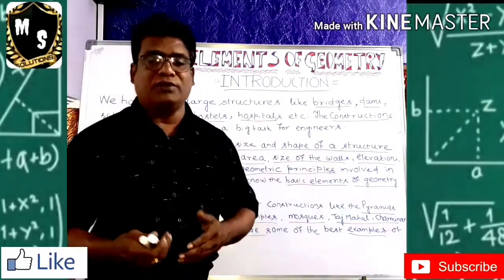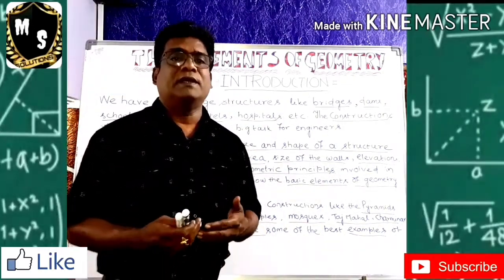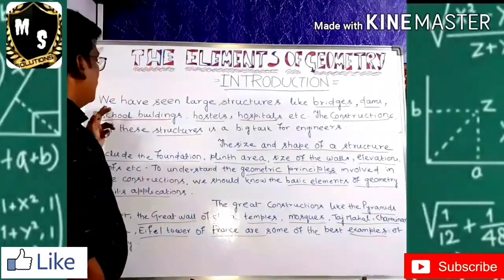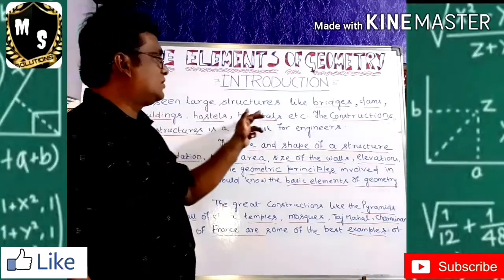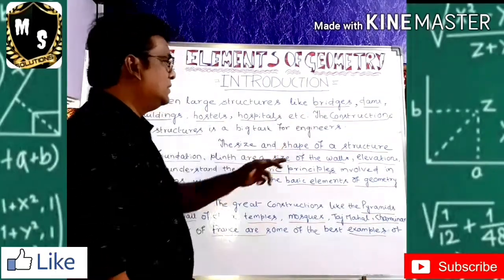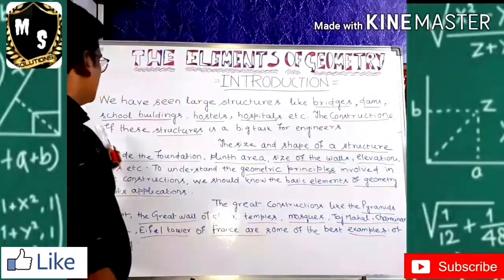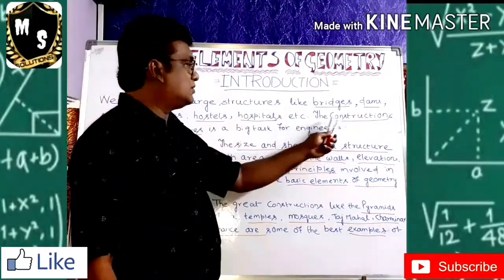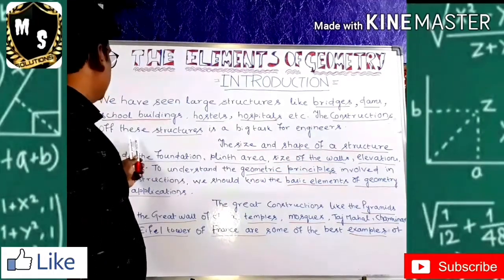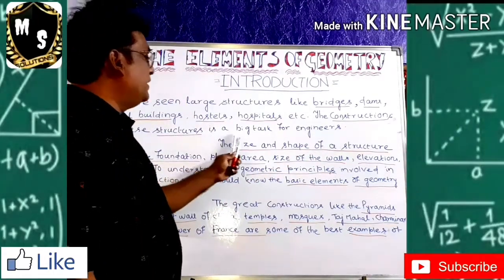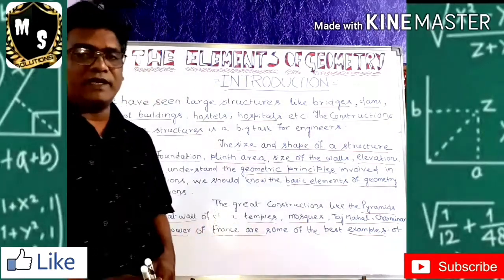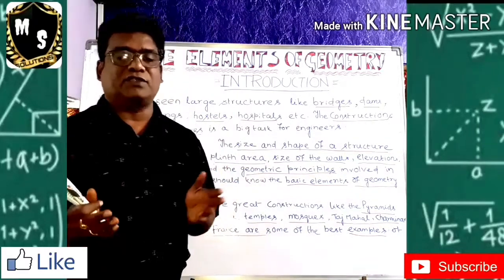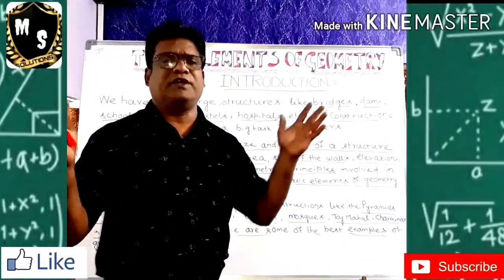Introduction. I wrote something for you, and after you read it, I will explain it. We have seen large structures like bridges, dams, school buildings, hostels, hospitals, etc. You already saw bridges joining two rivers, big bridges.